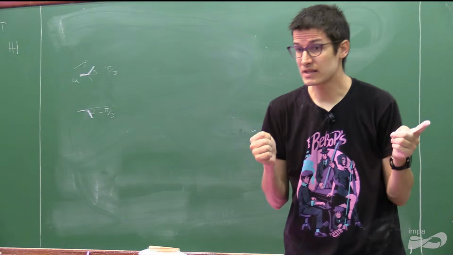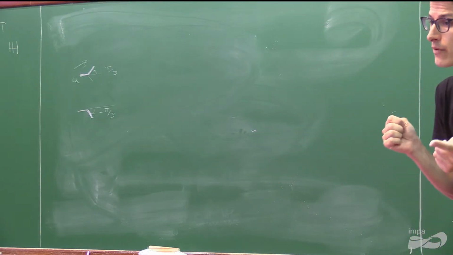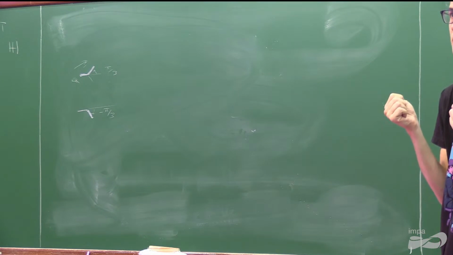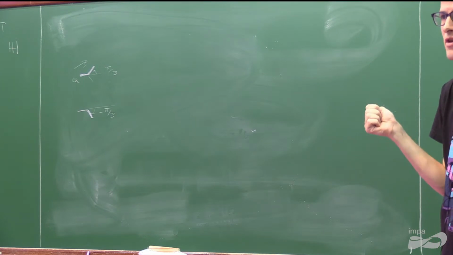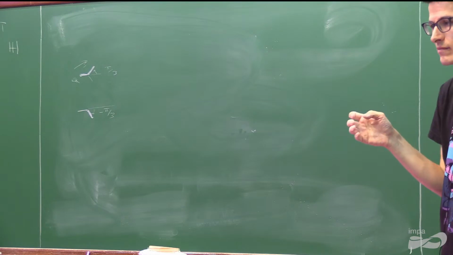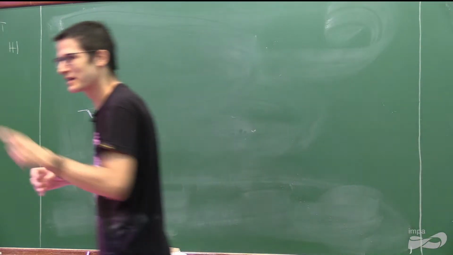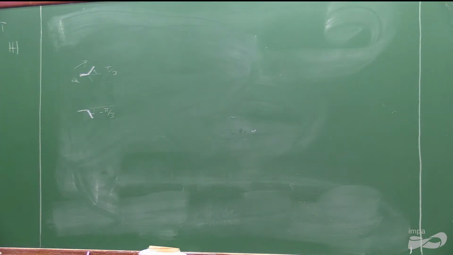And the important thing is that the winding number is not an angle modulo 2 pi. It's really a real number. Like if I turn twice around myself, I'm just turning by 4 pi, not by 0.